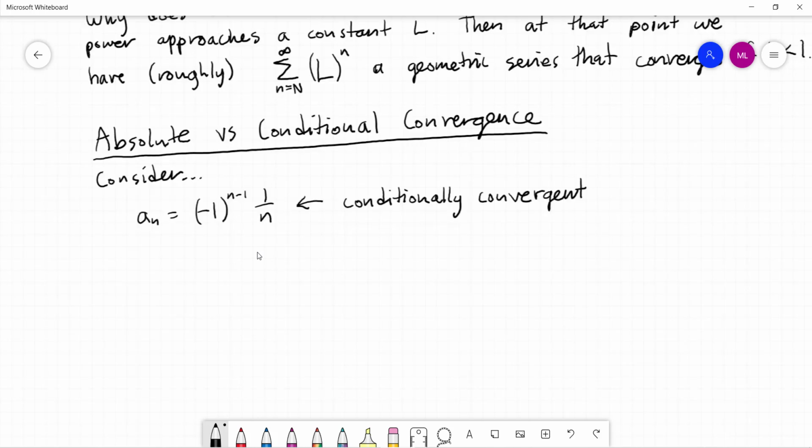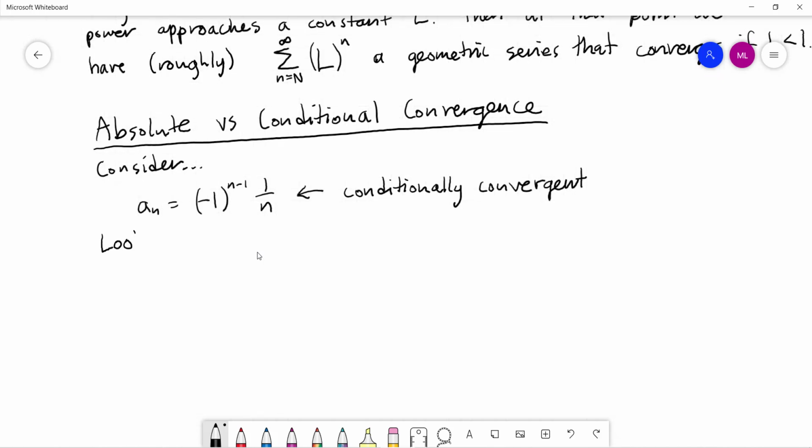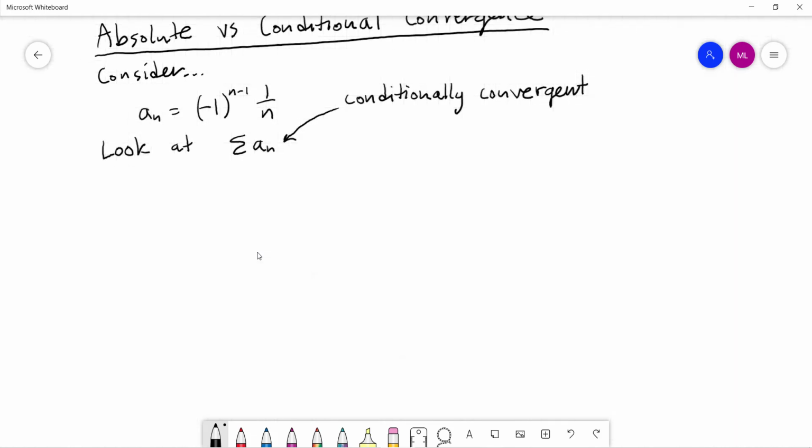here's some interesting things. So I want to look at our sum of a sub n. And really this is, to be fair, what was conditionally convergent. So let me erase that real quickly here. And here's why we care about this. Let's see what this thing will look like.